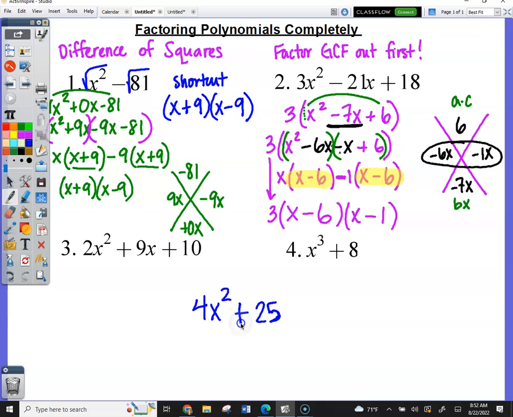Also, if that was a plus, can't go anywhere. Can't do anything. Gotta learn when to recognize that. Has to be a minus. Okay, so we're good to go. Difference of squares. Write your binomials. Now, square root. Square root, and then plus, minus.